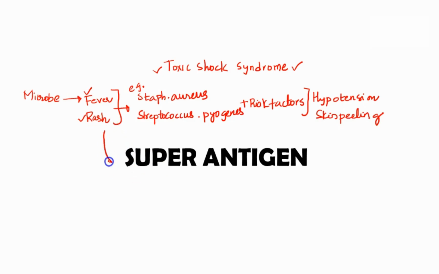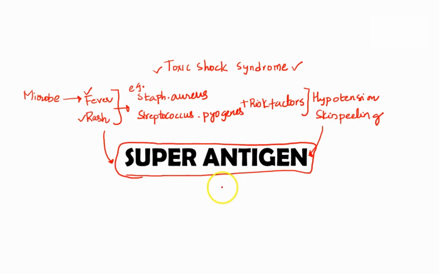And what is the basic reason behind toxic shock syndrome? Toxic shock syndrome is produced by interaction of superantigen, the microbe releasing superantigen, and this superantigen causes non-specific activation of T cells. This is not a specific response.